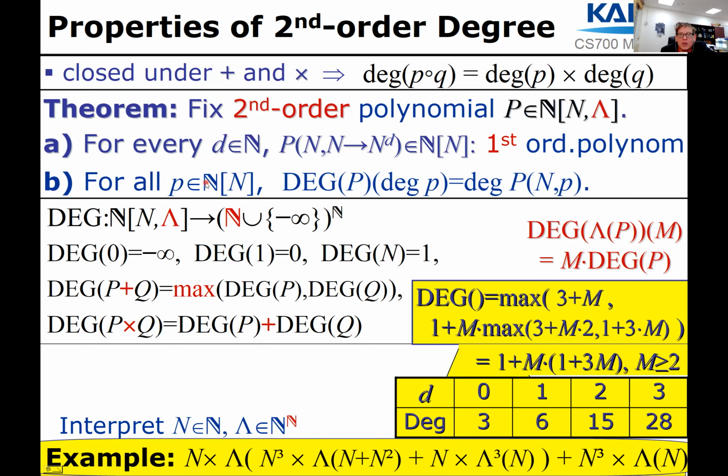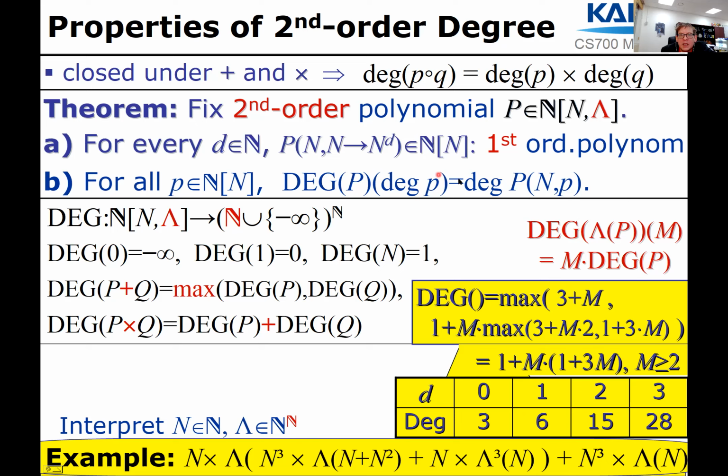Okay, so p is a first order polynomial, capital D is the degree of a second order polynomial. We take the degree, which is a function from natural numbers to this set, and we plug into this function this particular natural number, namely the degree of the first order polynomial small p, then the result will be a natural number or minus infinity.